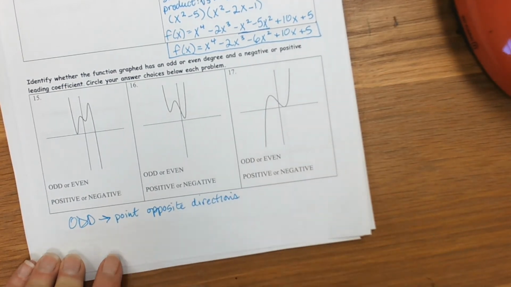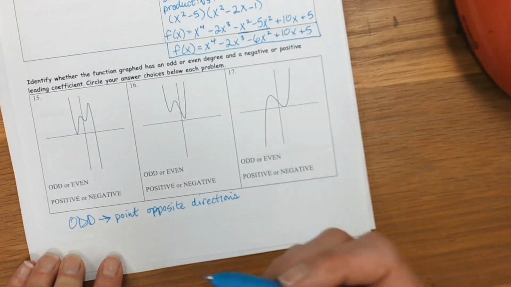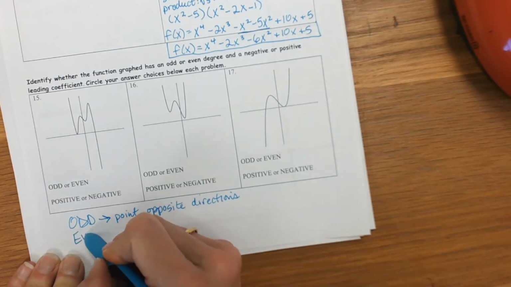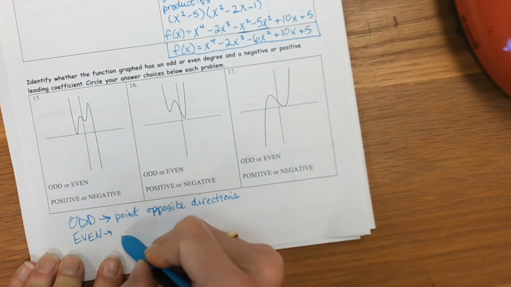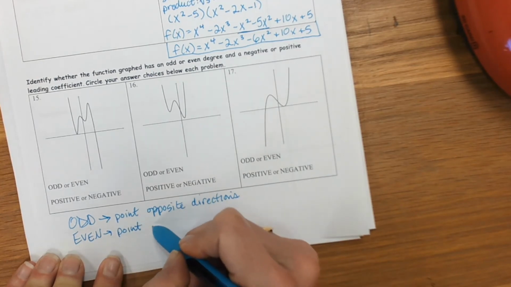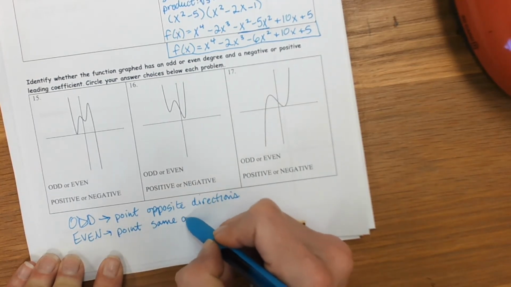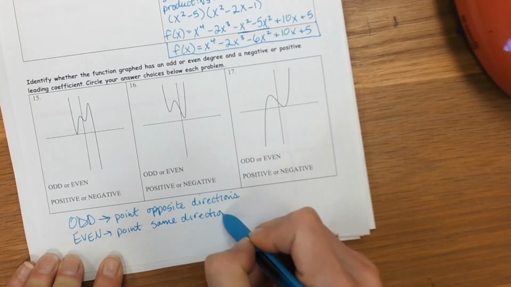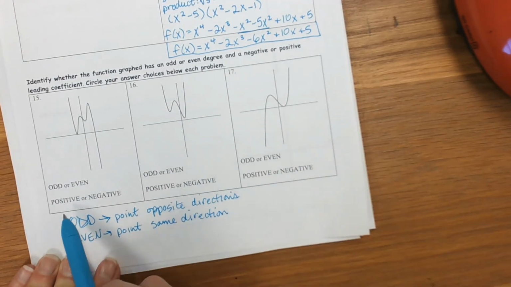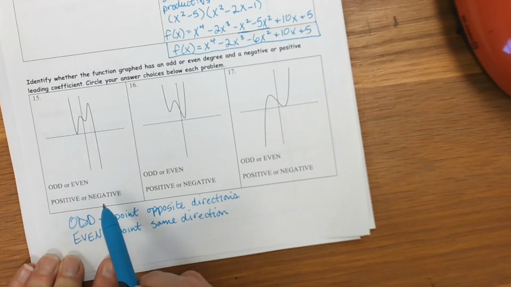Okay, so at the end of them, they were pointing in opposite directions, and then even functions point in the same direction. All right, and then we're talking about positive and negative.